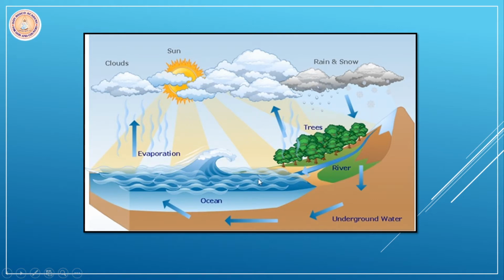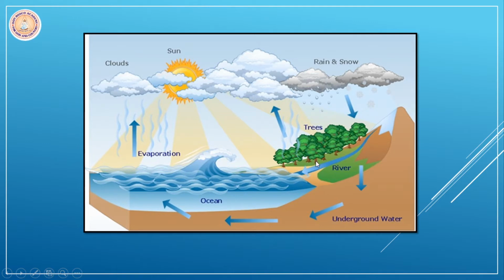All these spheres, or the realms or the domains of the Earth, which include the atmosphere, the hydrosphere, the lithosphere, as well as the biosphere, are all interlinked by the hydrological cycle.